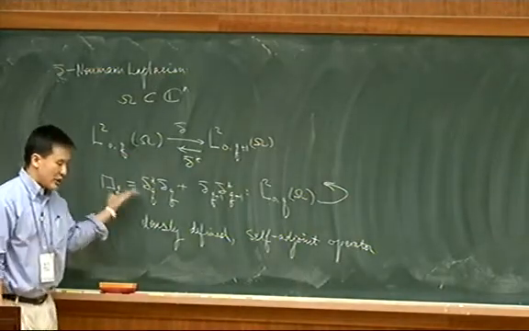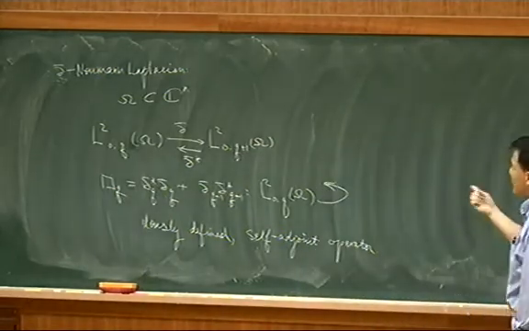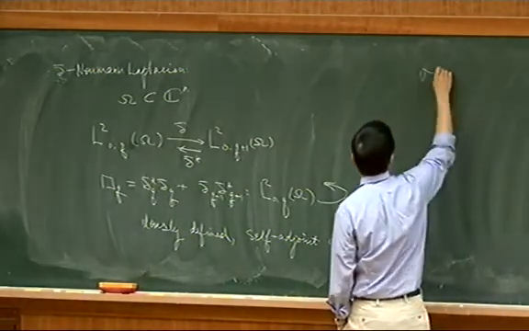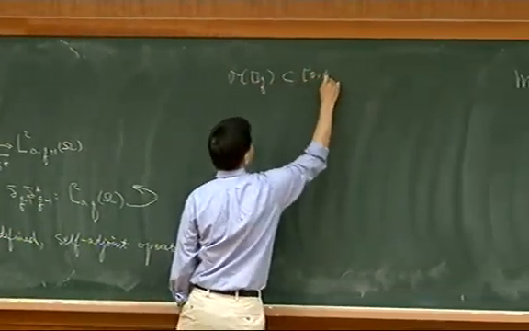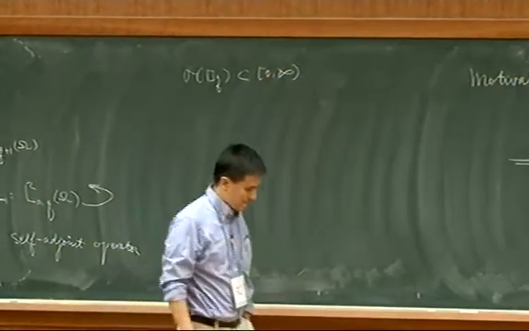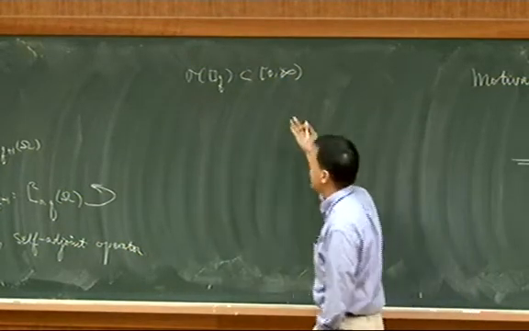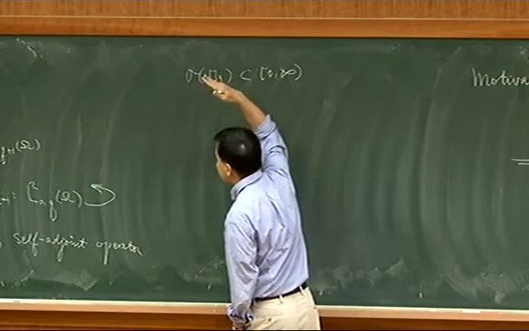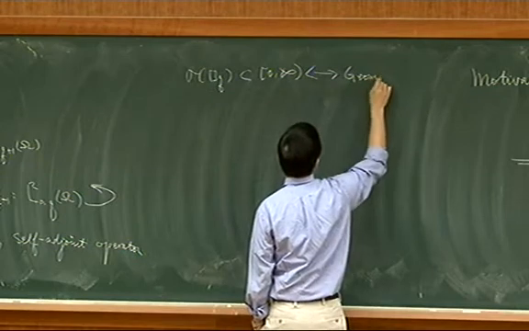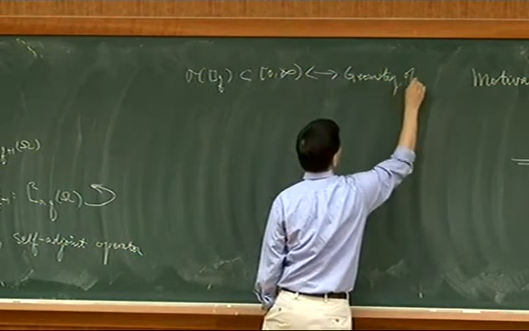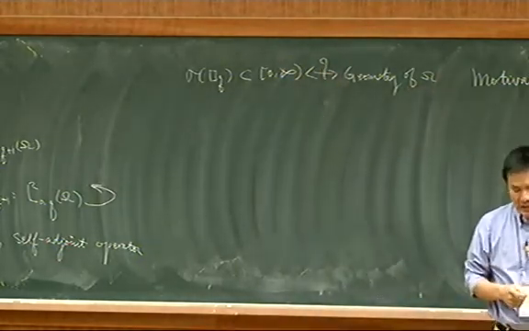Now, of course, it's non-negative as well. So as such, the spectrum of this operator is going to be a subset of the positive real axis. So what we are interested in is how this spectrum is related to the geometry of omega. This is how these two interplay with each other.